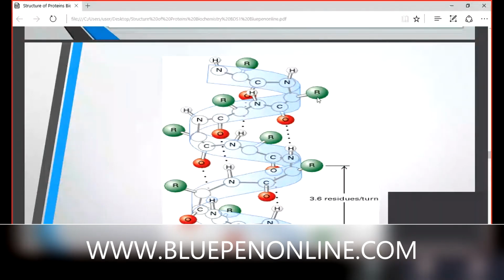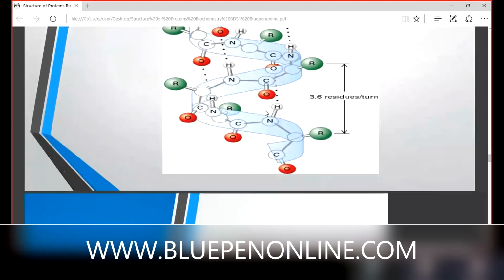Serine contains a hydroxyl group, cysteine contains a sulfhydryl group, SH. Now you understand what this R is. Then how can we represent this peptide bond, NH C double bond O? Is it cis or trans in nature? Trans in nature.